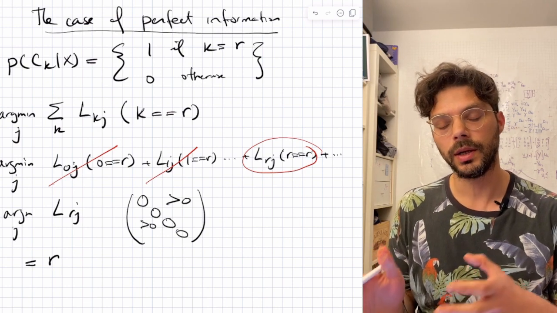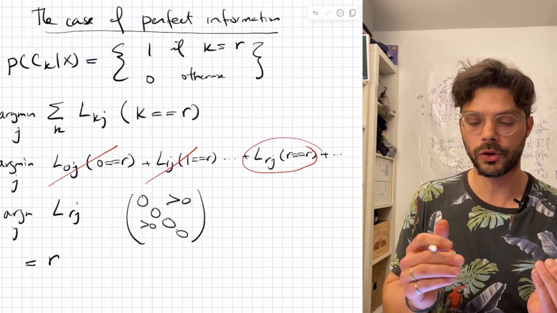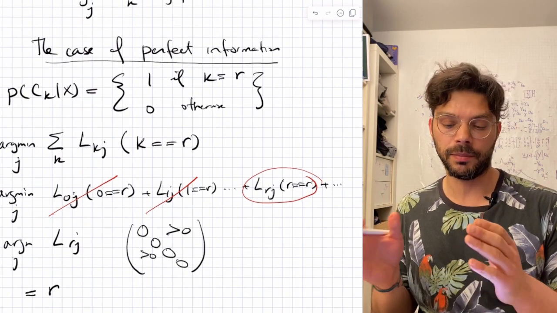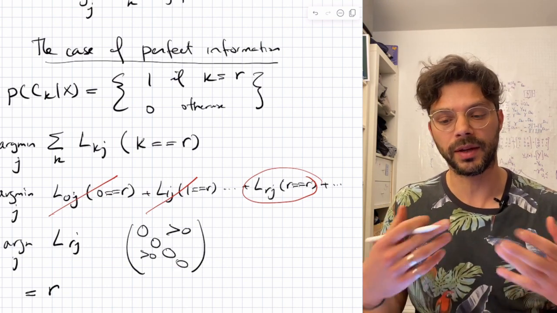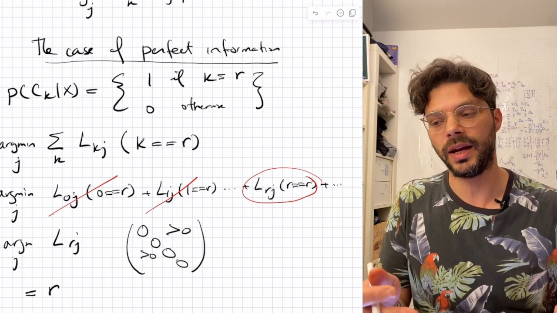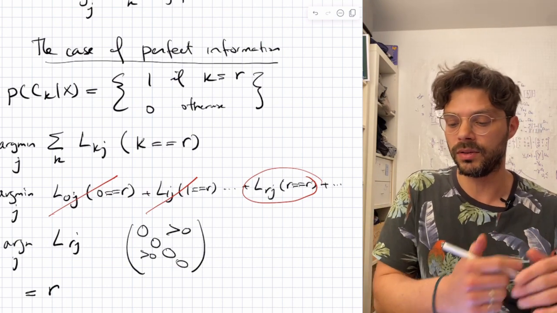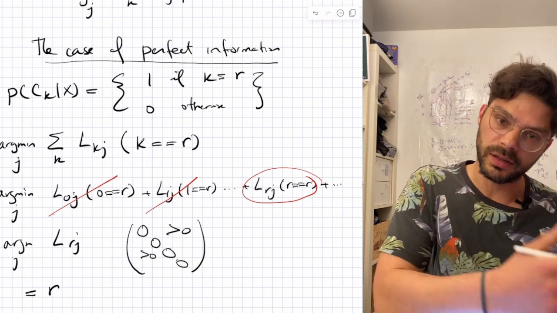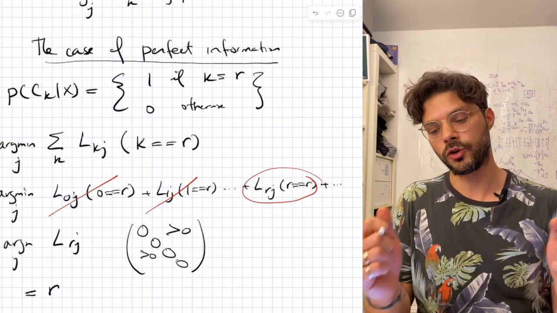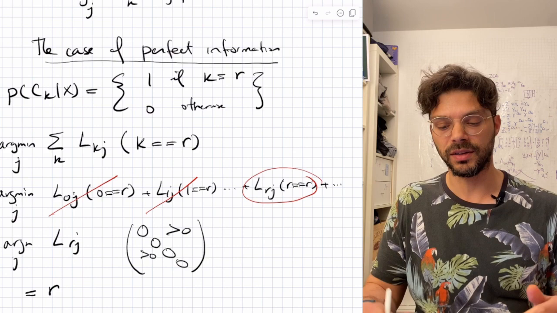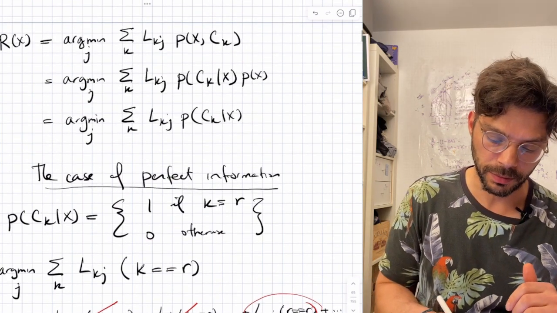So the rule, when you have this perfect knowledge, is to assign the data point to the class you know it's from. Going back to the cancer example, if you know the person has cancer, we'll assign them to the cancer class, and if you know that they don't, we'll assign them to the other case. It's very common sense, but I'm just trying to show you how it also arises from these rules that we have.